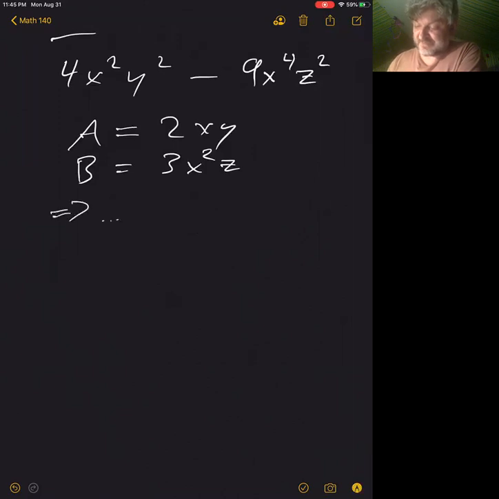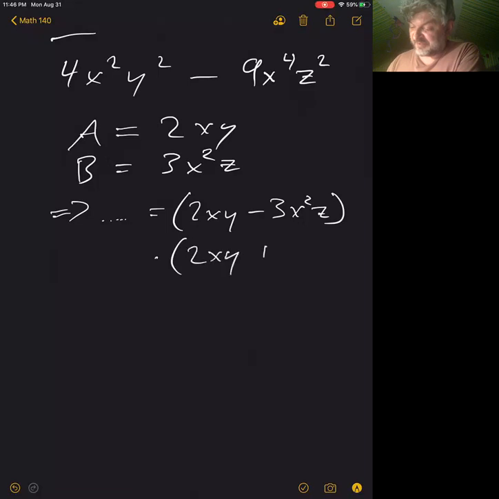So this 4x squared y squared minus 9x to the fourth z squared is equal to a minus b, that's 2xy minus 3x squared z, times 2xy plus 3x squared z.